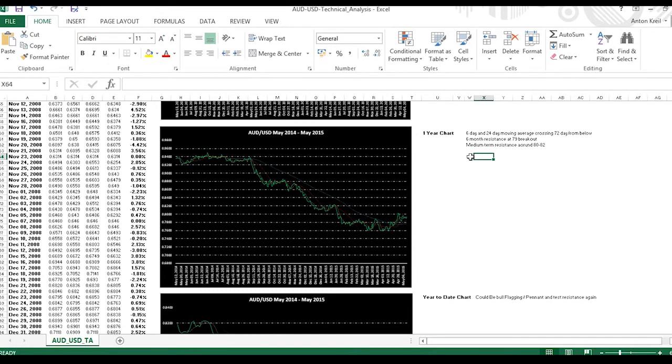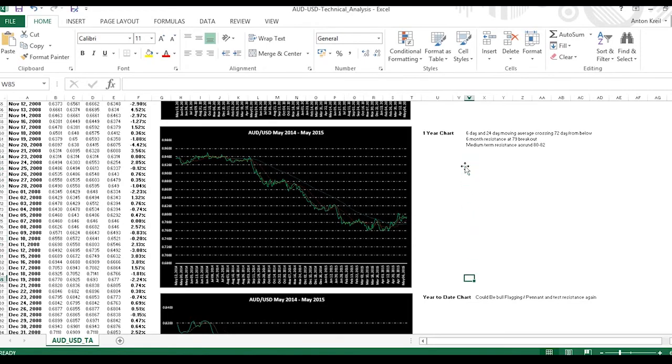And what you notice right away in the near term is that the 6-day and the 24-day moving average have crossed recently the 72-day moving average from below. What you'll also notice is that there's some short-term resistance at around the 79 and the 80 level, and medium-term resistance in this entire sell-off in recent history around the 82 level.